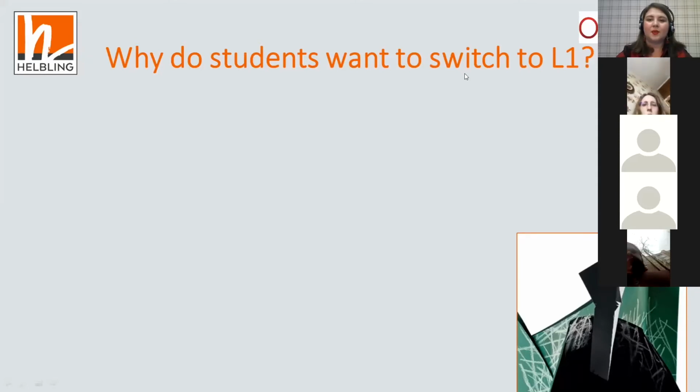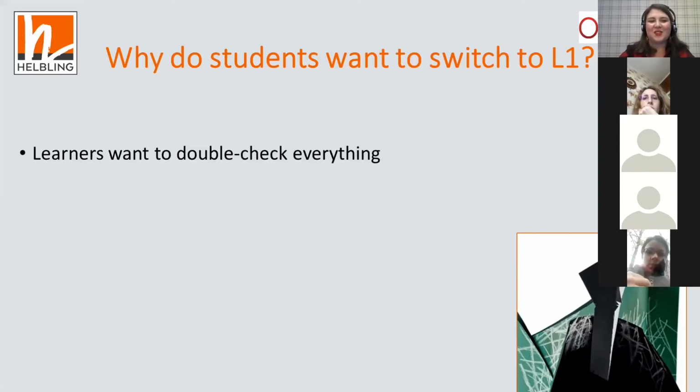Okay. Well, the reasons which may be here, we do share many ideas. So the first is that learners want to double check everything, especially when they are at the beginning of their learning journey.